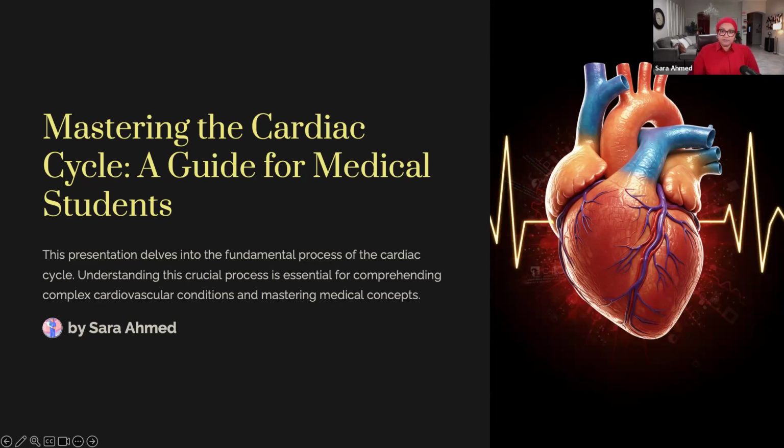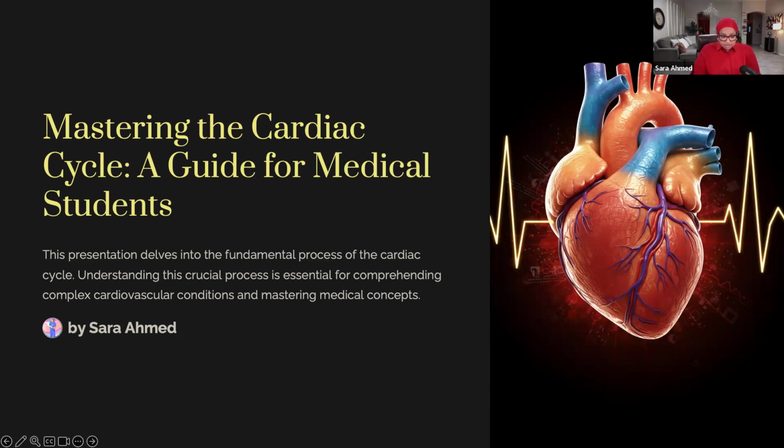This cardiac cycle, understanding it is fundamental, I think, and it's really the basis for understanding a lot of cardiac conditions and the clinical applications of different therapeutics and interventions.